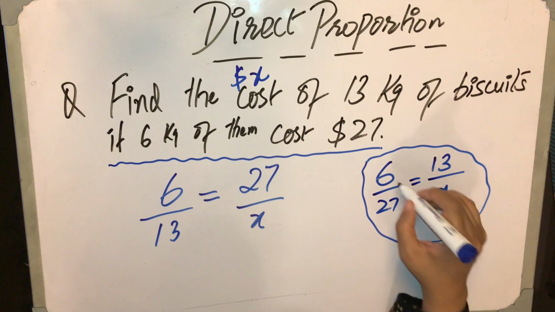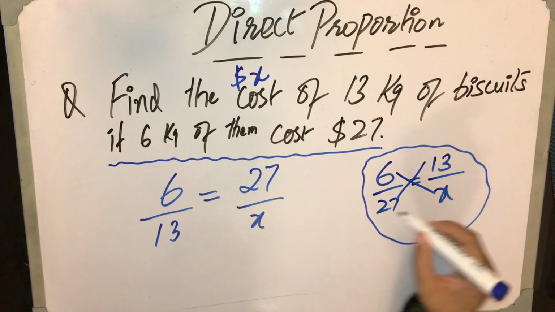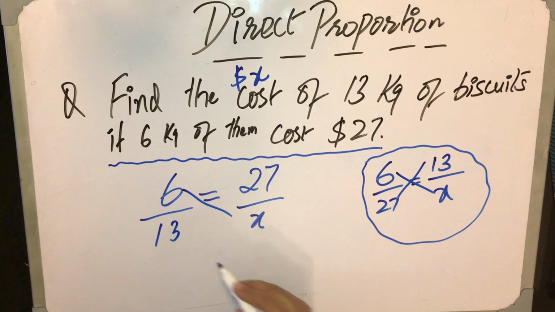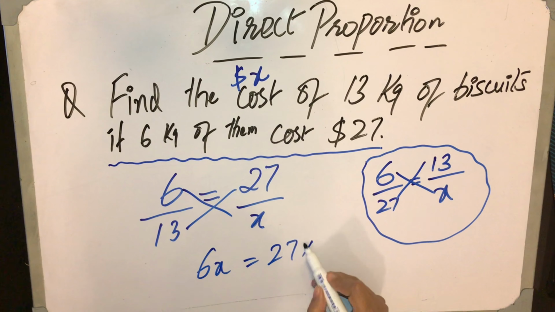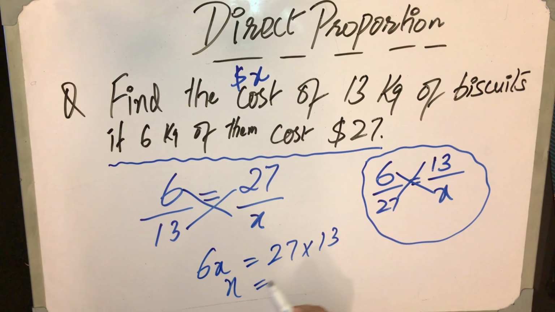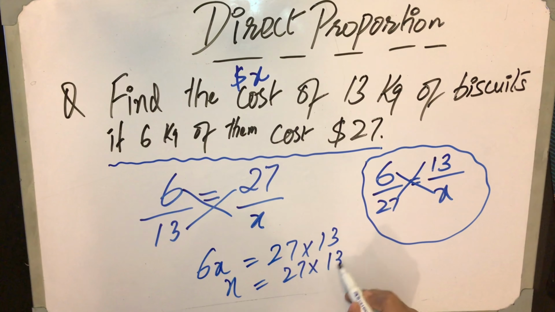In both cases you have to cross multiply, and we are going to multiply 6 with X and 27 with 13. I shall bring this 6 below and make the cancellations.